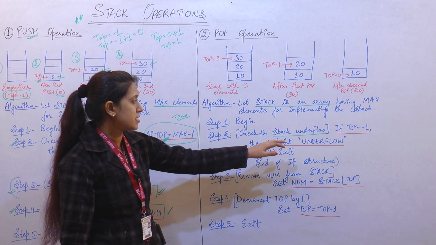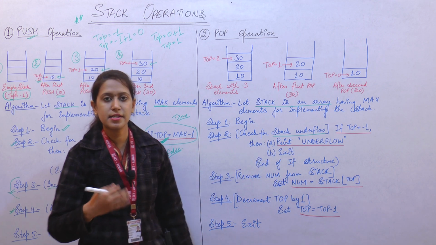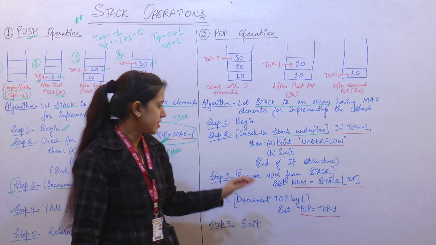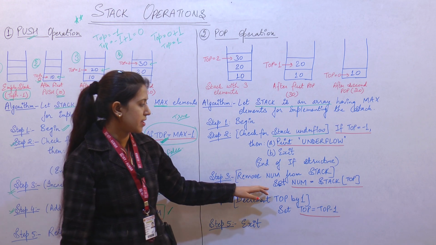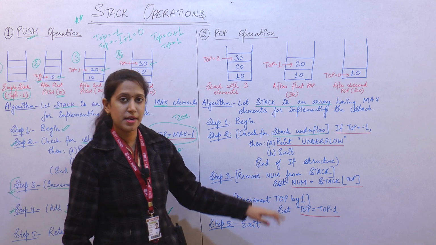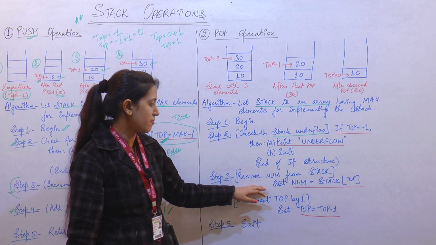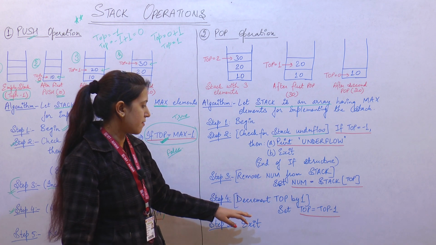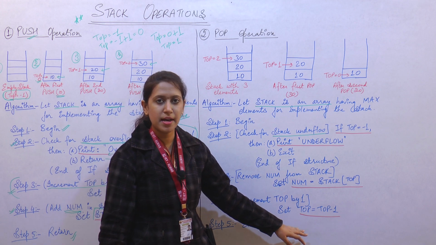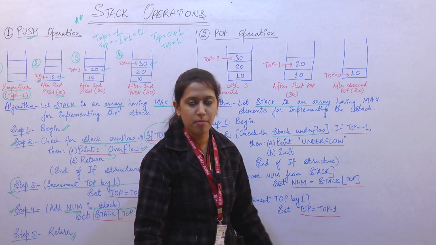And if the stack underflow condition got false, that means there are certain number of elements in the stack, then we implemented the pop operation and removed the number that was stored on the top of the stack, and after removing it, the value of top was decremented by 1. So in this way we can implement push and pop operation.